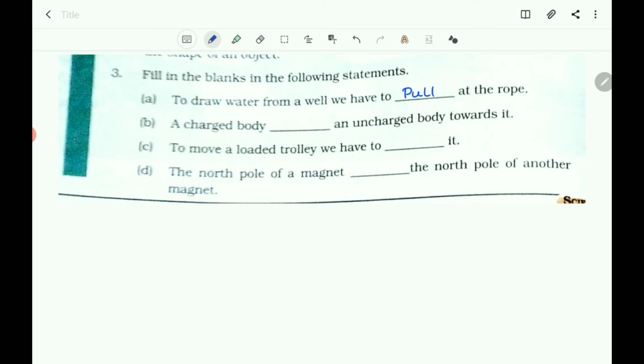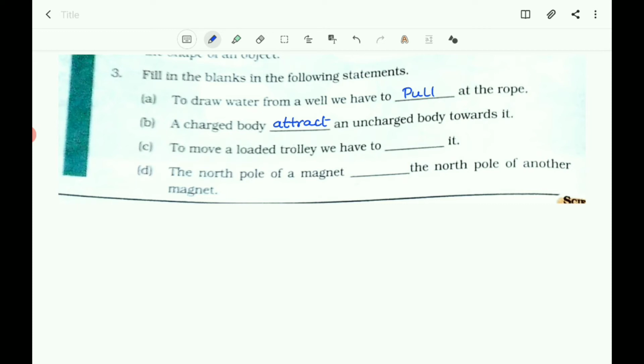A charged body attracts an uncharged body towards it. Charged body can attract. Here you can write attract.